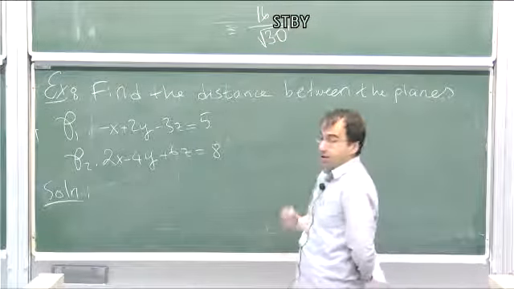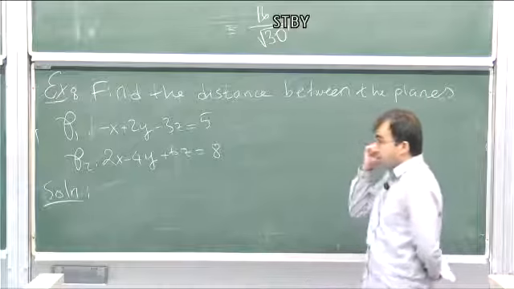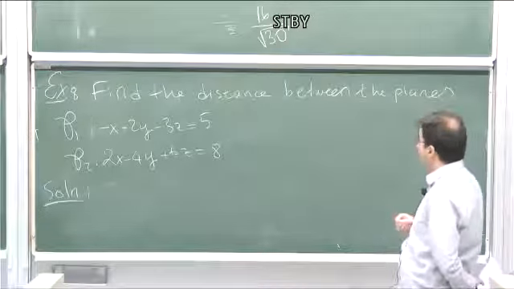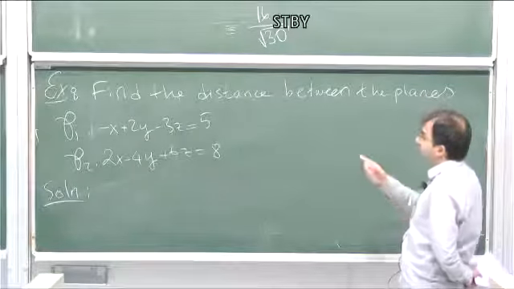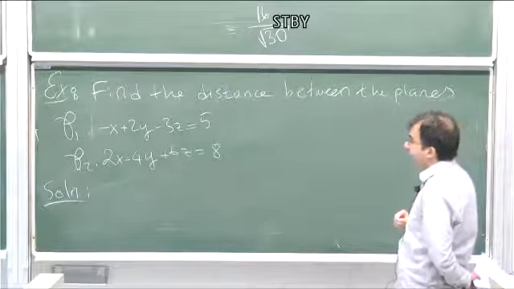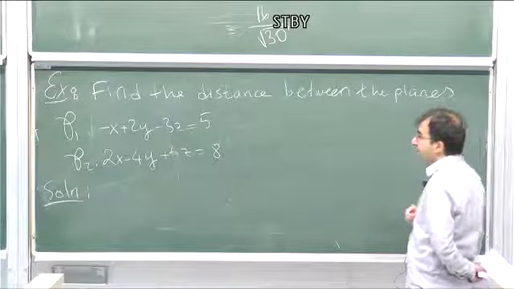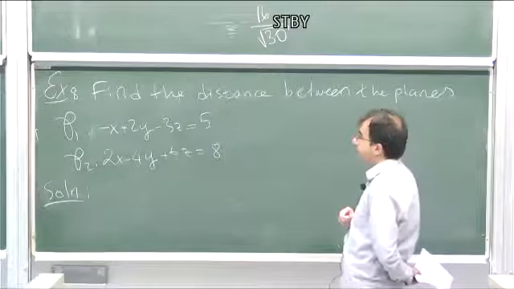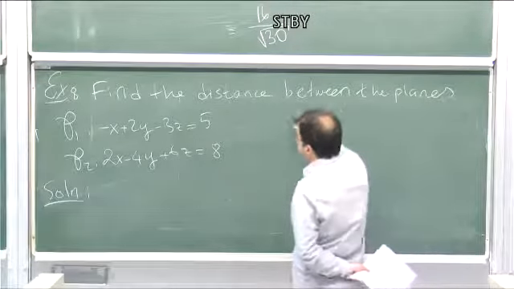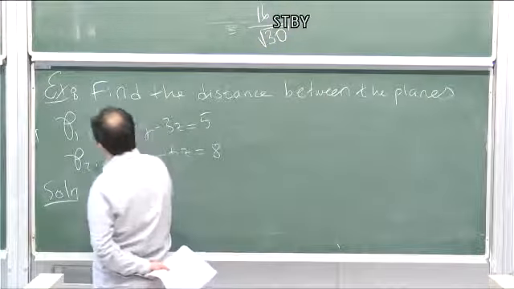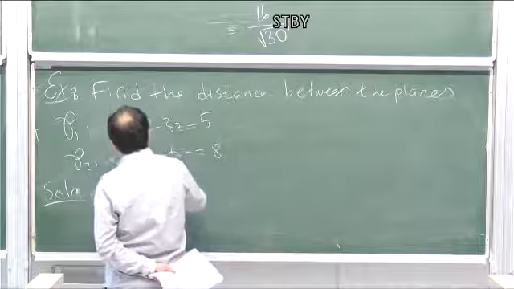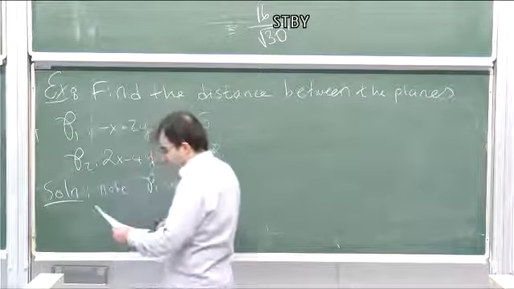Okay, well, here again we have a strange thing. What do we mean by distance between two planes? If we look at the equations, these are not arbitrary planes. These are parallel planes. Note that P1 and P2 are parallel.